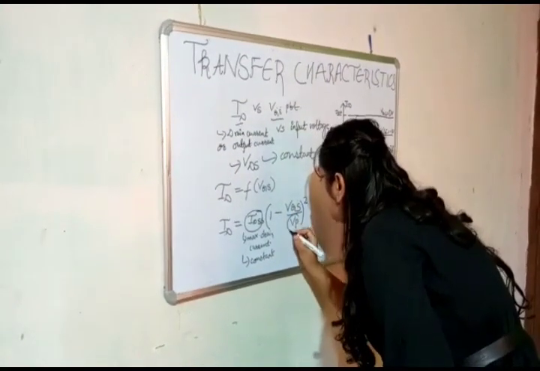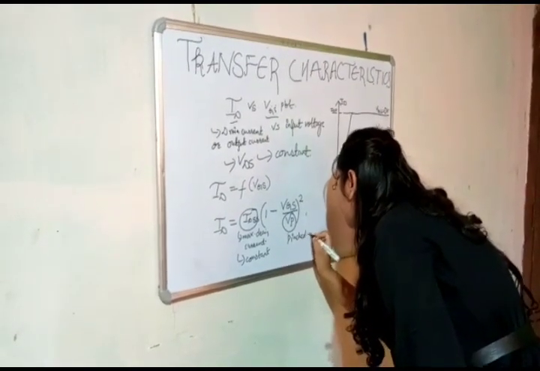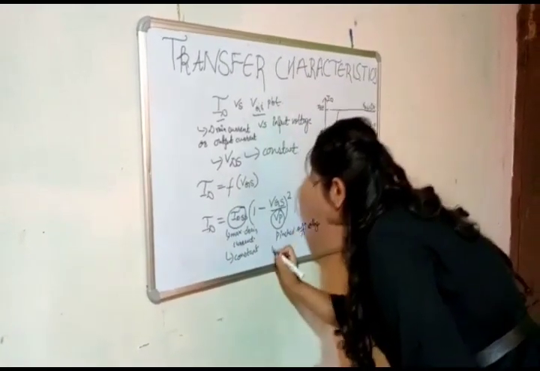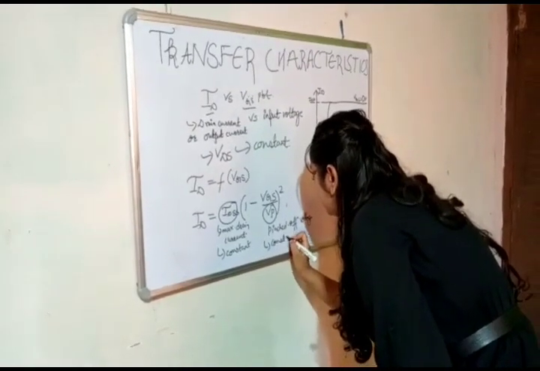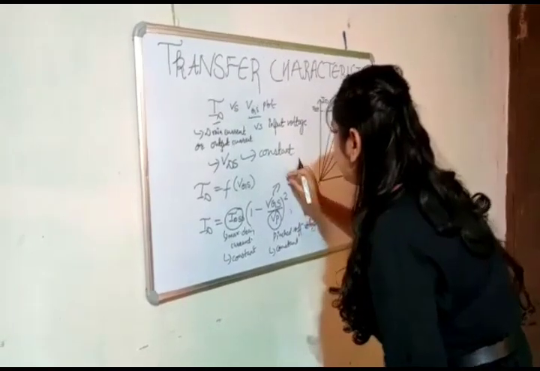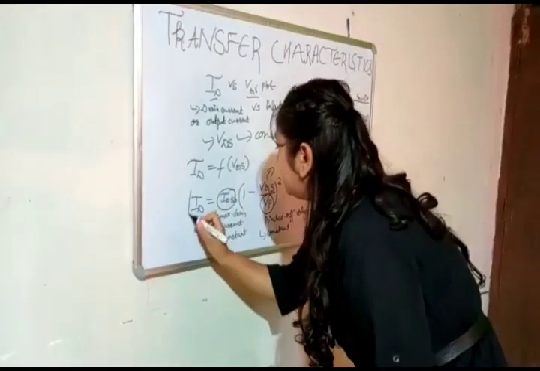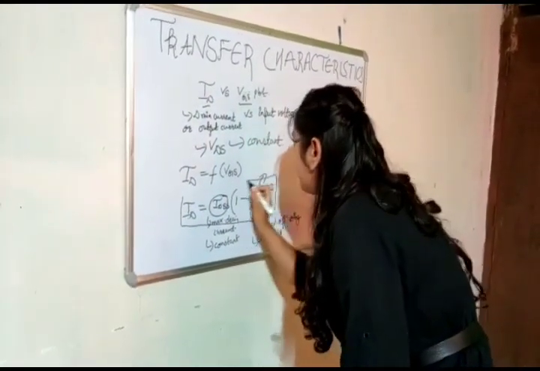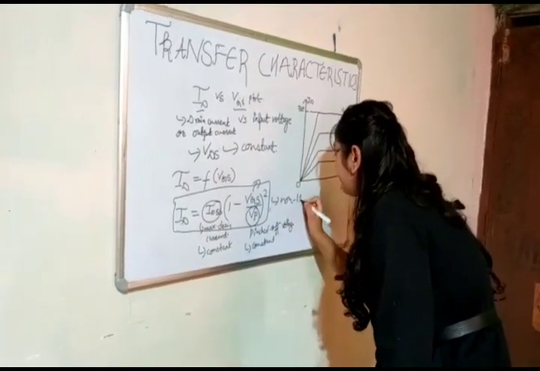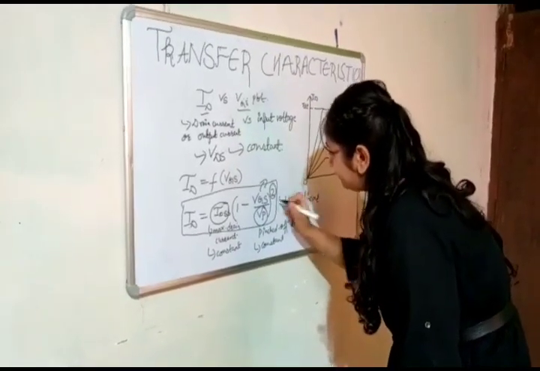This VP is the pinched off voltage, and this is also constant. VGS is the gate to source voltage, and this is the control variable. This equation is non-linear because of this square.